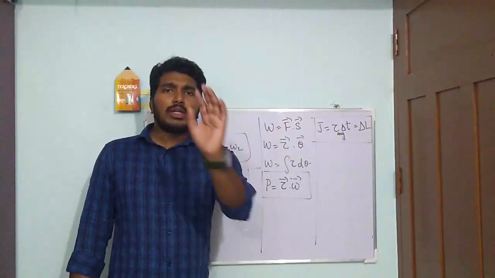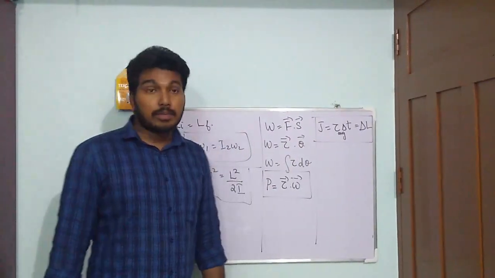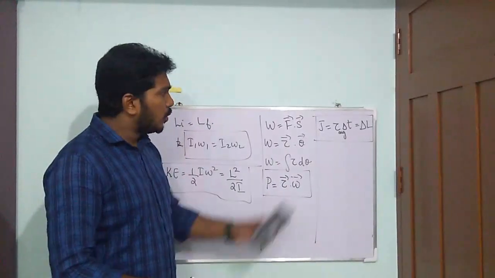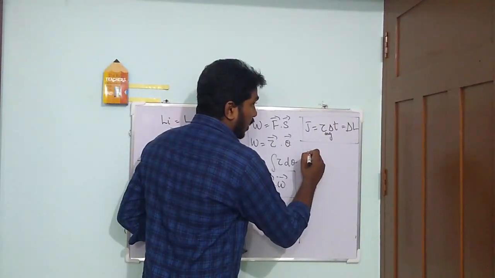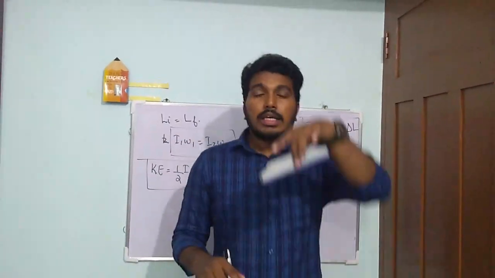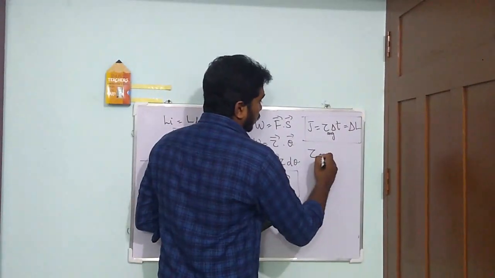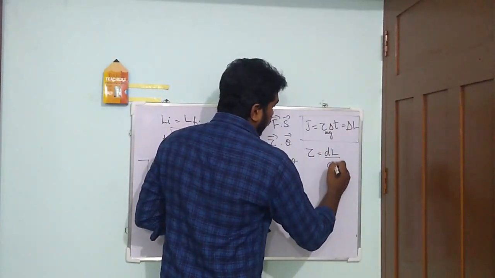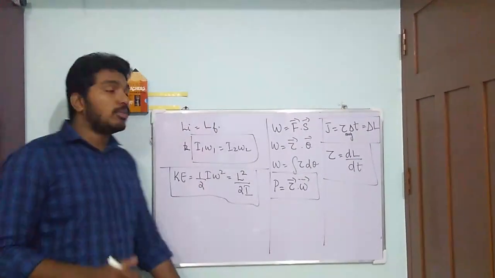And we can also apply Newton's second law and the first law here. All the laws are applicable. So how do you write that? According to that, F is proportional to dp by dt. Here instead of F, torque is equal to dL by dt, the rate of change of angular momentum.